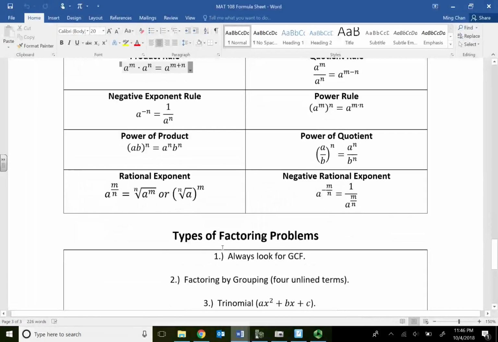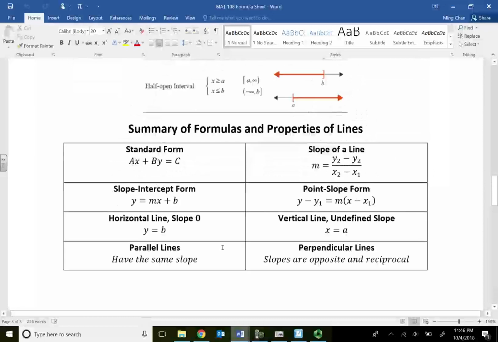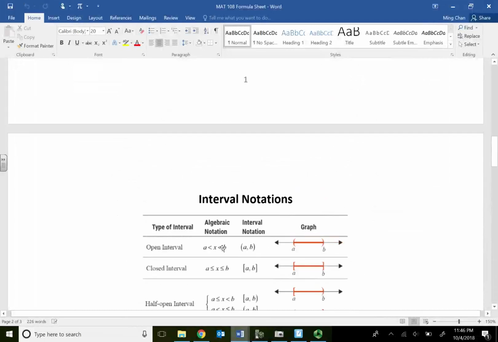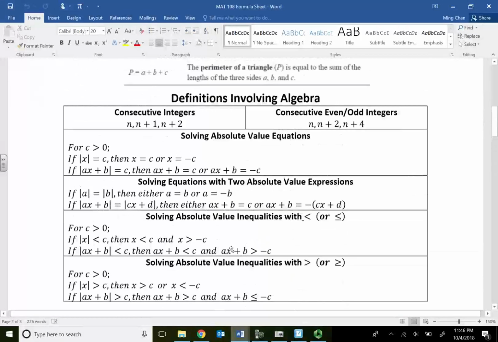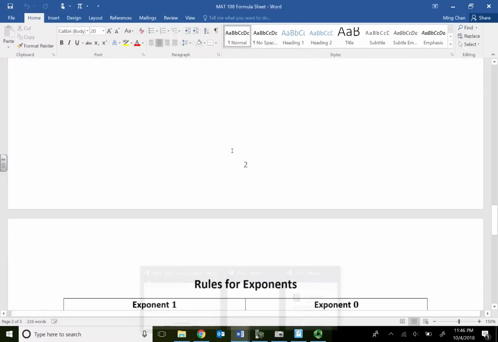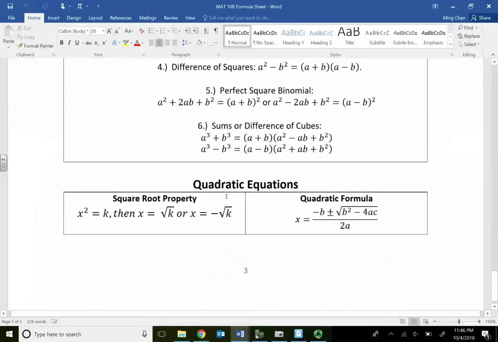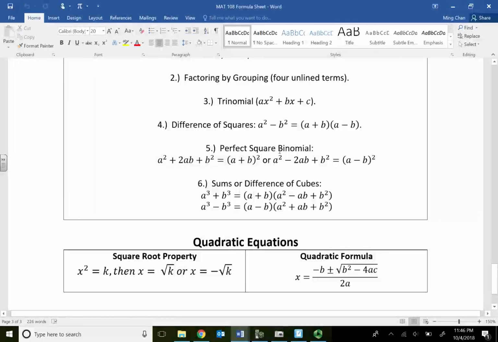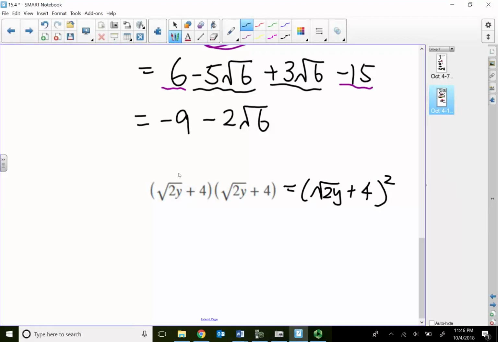Let's see if I can find it real quick on the formula sheet. Maybe I did not put it on here. All right, perfect square binomial: a plus b whole thing squared is a squared plus 2ab plus b squared. We can use that, or we can simply just FOIL them out.